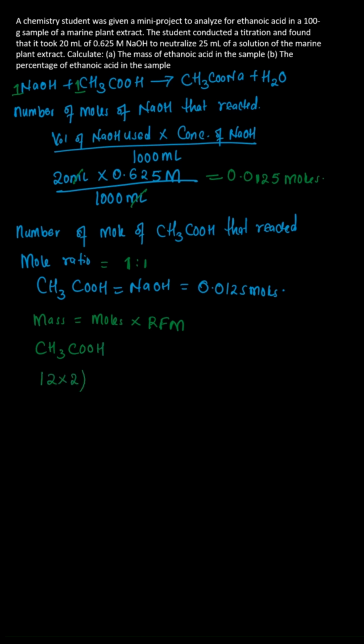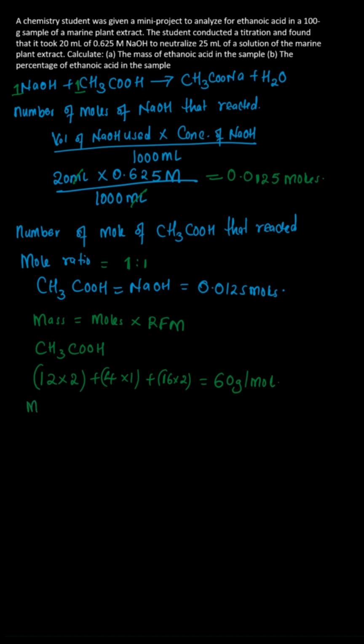Carbon has a molecular weight of 12, but there are 2 of them. Then we have 4 hydrogens, so that will be 4 times 1. Then we have 2 oxygens, that will be 16 times 2. And this will give us a total of 12 times 2 plus 4 plus 32, that will give us a molecular weight of 60 grams per mole.